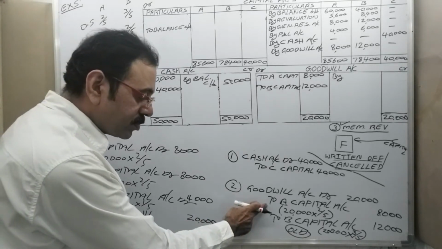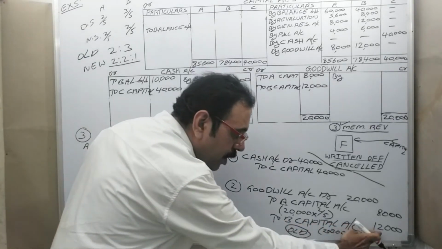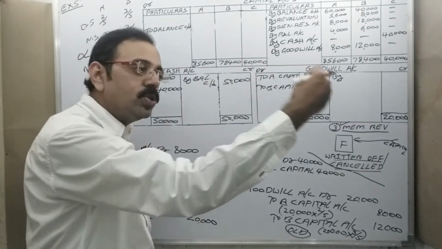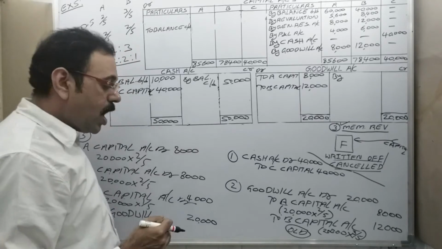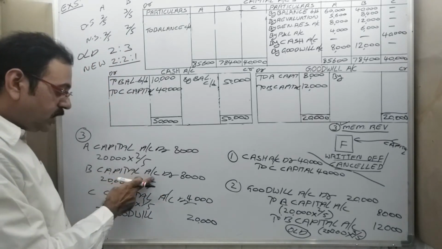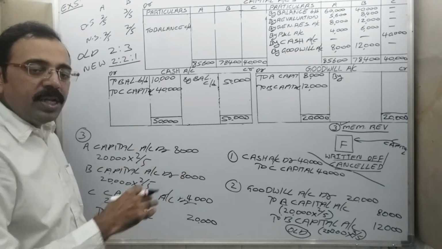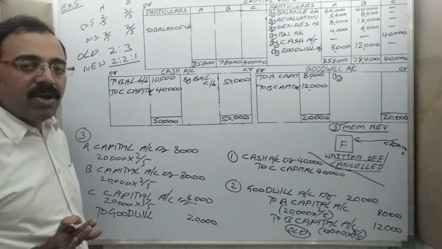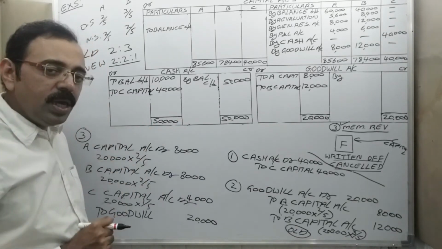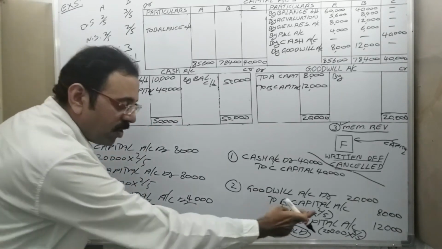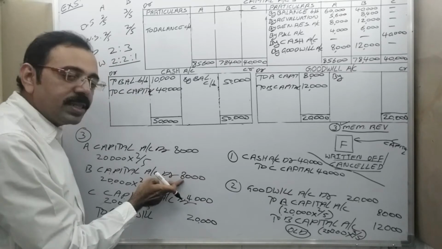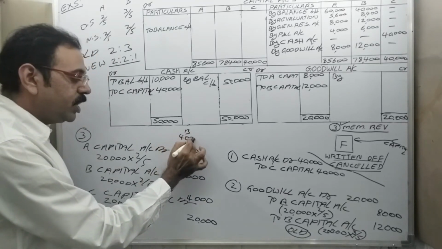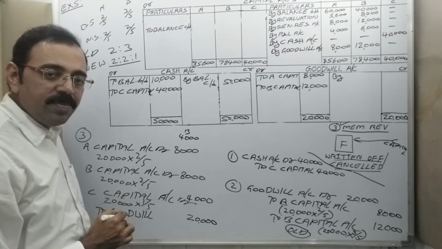Come to B. Once we credited B capital account with 12,000. Firm has given 12,000 rupees to B. Now B's capital account is debited with 8,000. Means out of the 12,000, 8,000 we have taken again. Now finally how much firm has given to B? 4,000 rupees now. 12,000 rupees minus 8,000 rupees. B took 4,000 rupees. Clear?